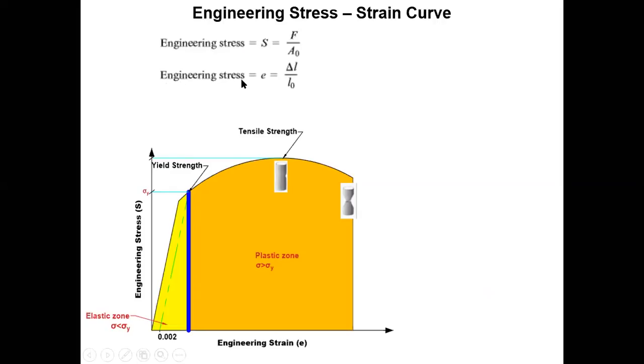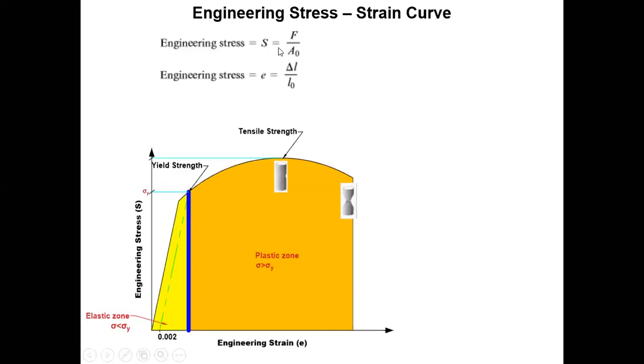We call actually not, this is a stress, okay, this is wrong. This is E, we call engineering strain, not stress, right? Engineering strain, right? So to plot the engineering stress curve, we always use the original cross section of the specimen and the original length of the specimen.